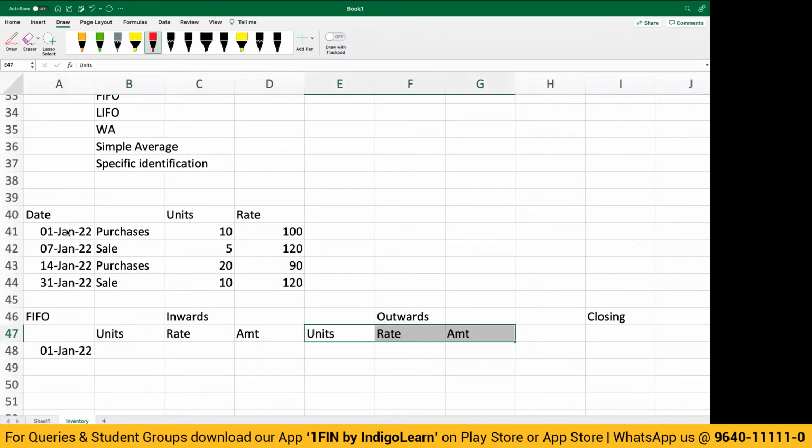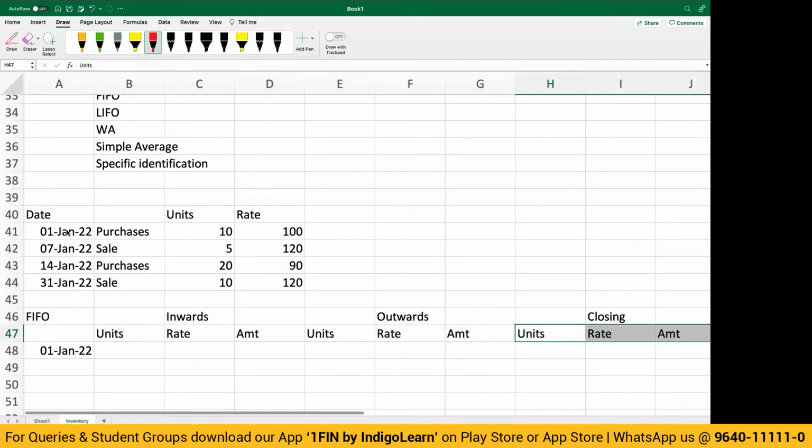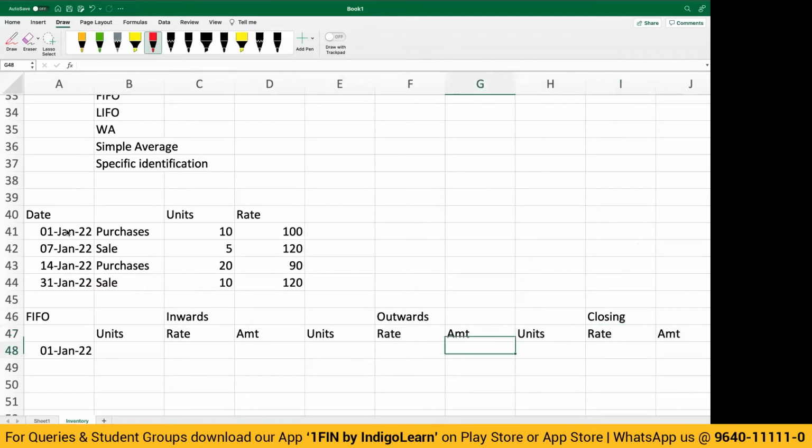Please note, this is like an inventory register. Whenever you make an entry in the inventory register, you will do it at cost. Selling price is not relevant. So on 1st of January, there is a purchase: inward of 10, rate of 100, and amount of 1000.